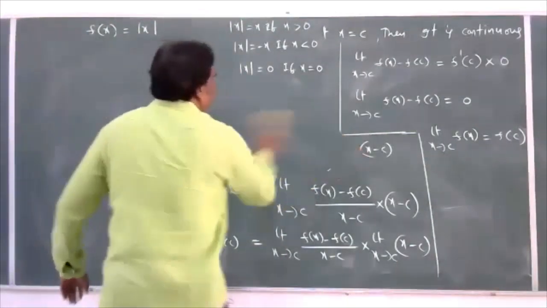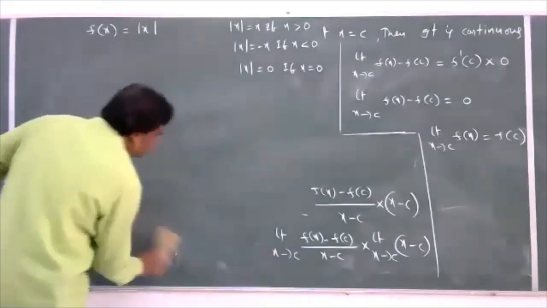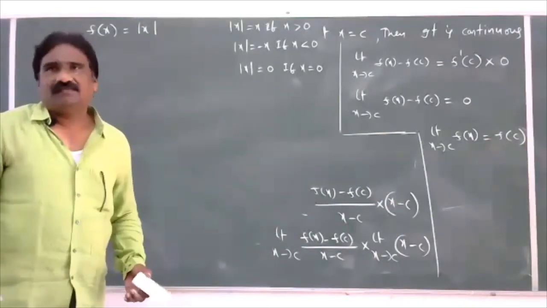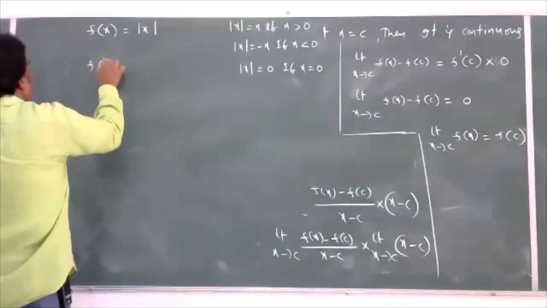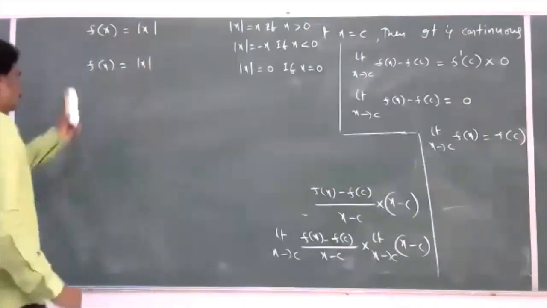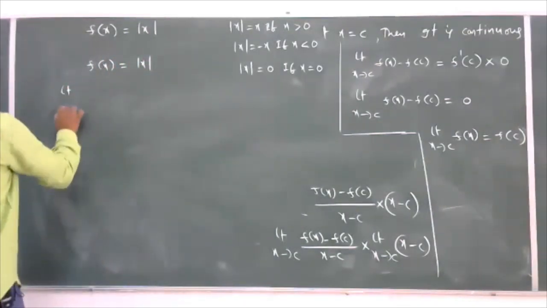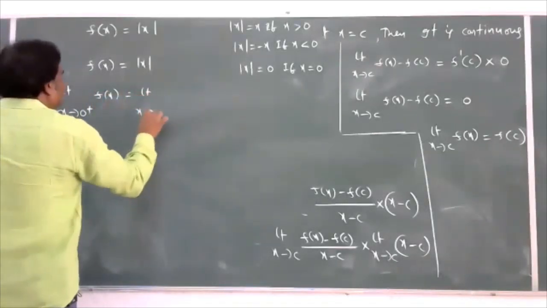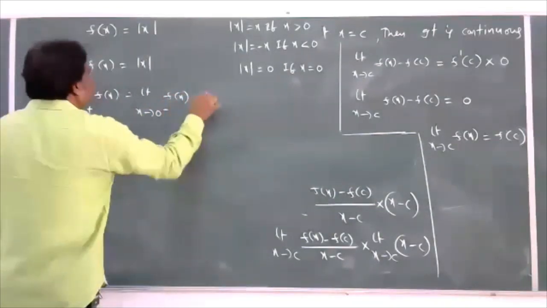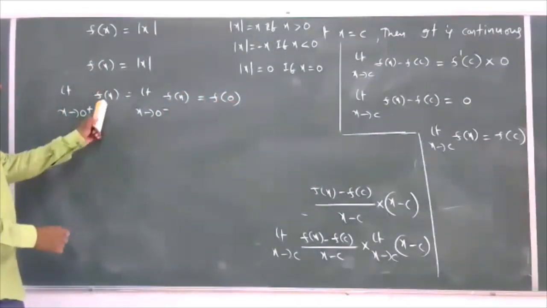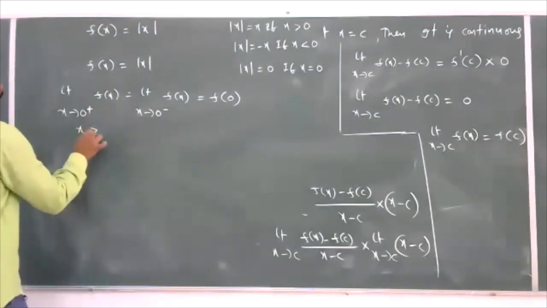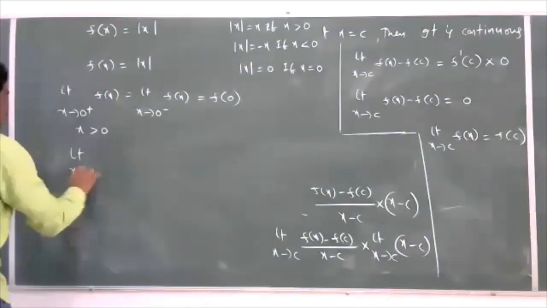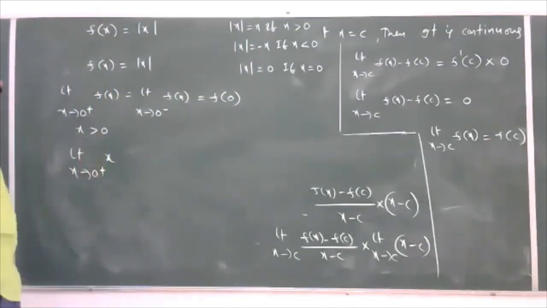So here, first we know that mod x is a continuous function everywhere. So f of x is equal to mod x. First, this is a continuous function. Limit x tends to 0 plus f of x is equal to limit x tends to 0 minus f of x is equal to f of 0. X tends to 0 plus means x greater than 0. If x greater than 0, mod x is equal to x. That's why limit x tends to 0 plus x.